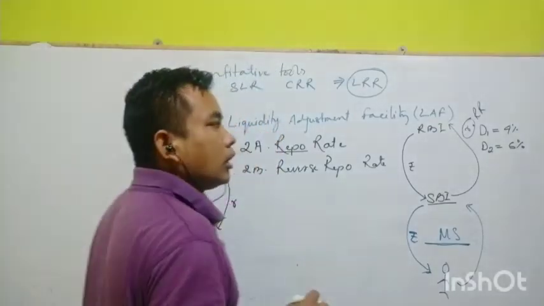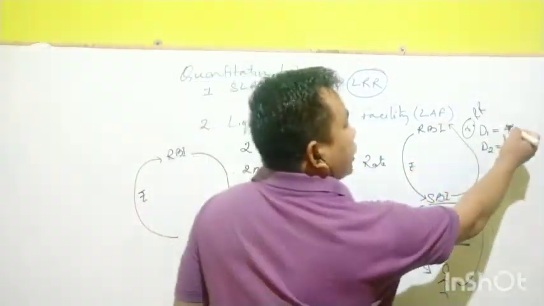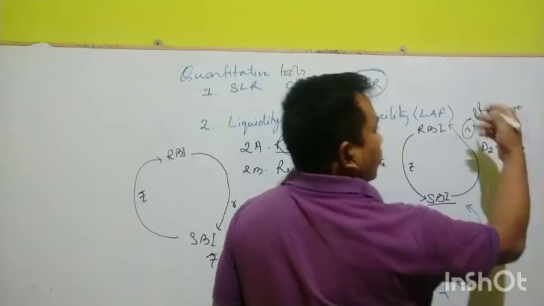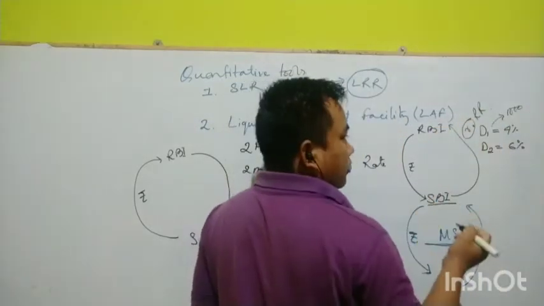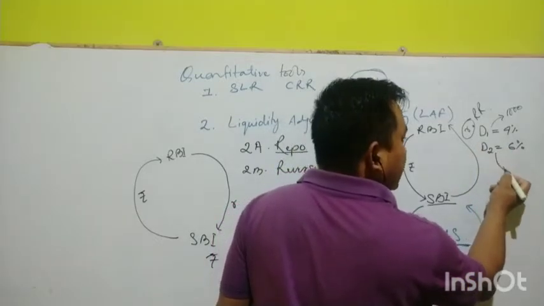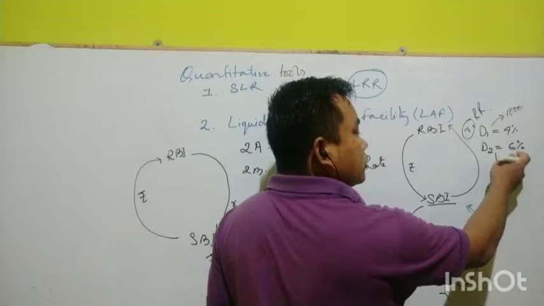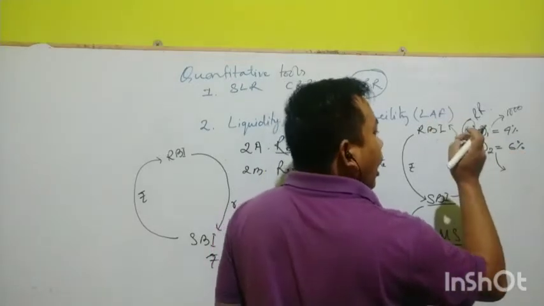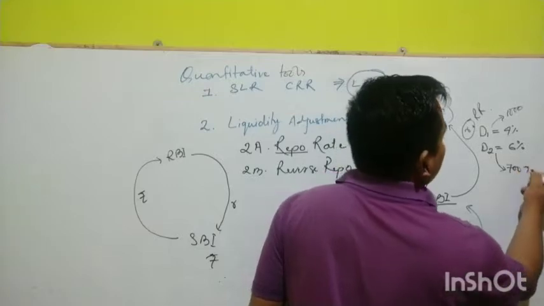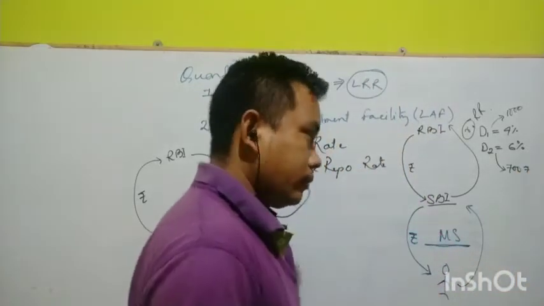At 4%, they were borrowing 1,000 crore, just as an example. But on day number 2, because of the increase in the repo rate from 4% to 6%, now you will borrow only 700 crore, whatever.